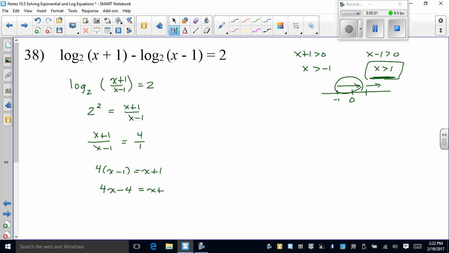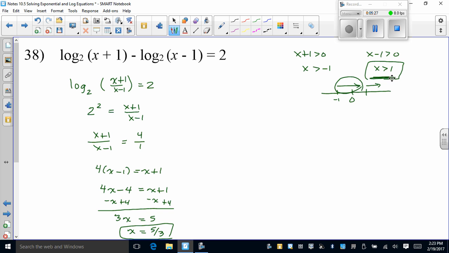So I get negative x plus 4, plus 4, and I get 3x equals 5, so x equals 5 over 3. And I just needed a number greater than 1. Barely, but 5 over 3 is greater than 1.